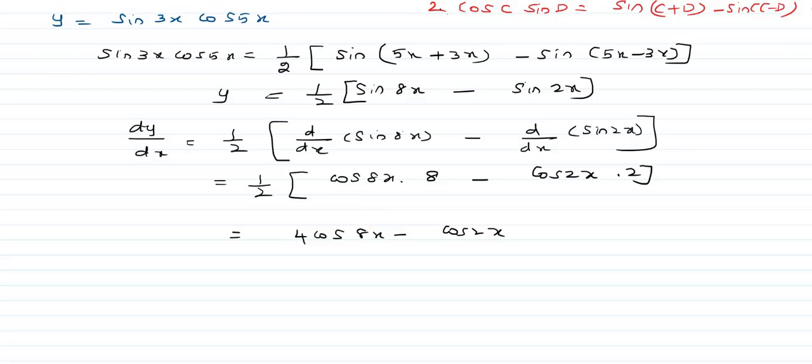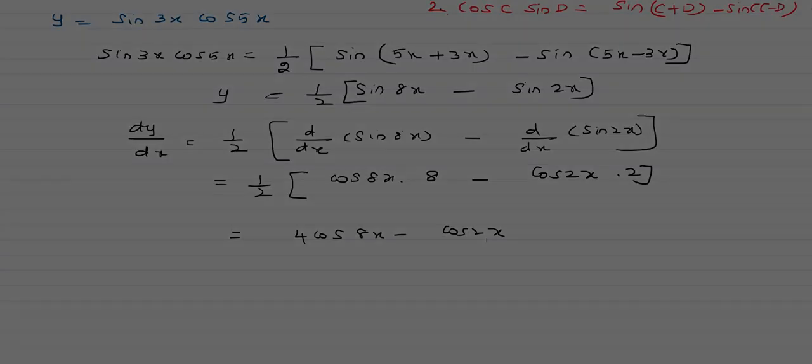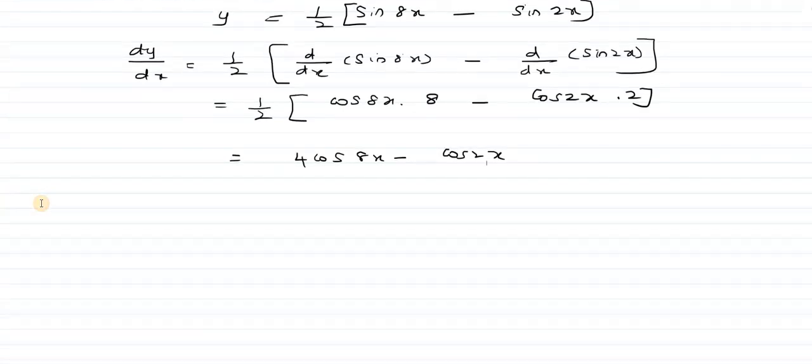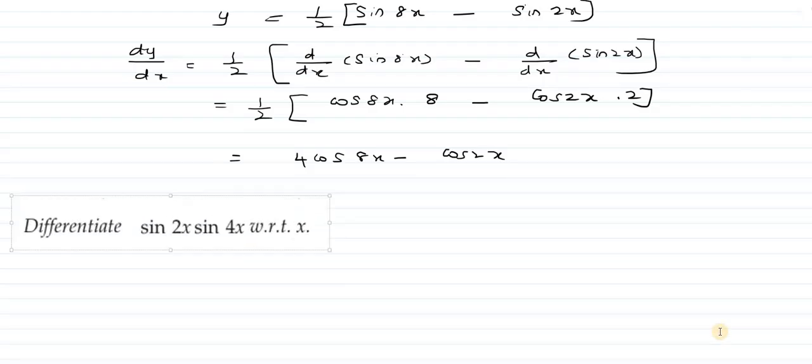Clear? So, the same way, can all of you do it and tell me? This one, use the identity. Just now I wrote the identity for this. Even if you don't remember, I will write it here. Use the identity and tell me the answer. So 2 sin C cos D. The bigger value you take as C and the smaller value you take as D. So it will be nothing but what?